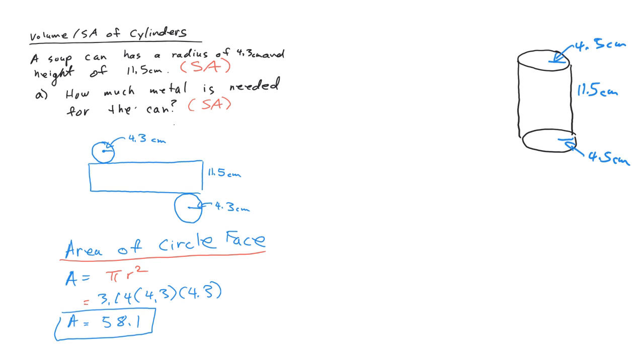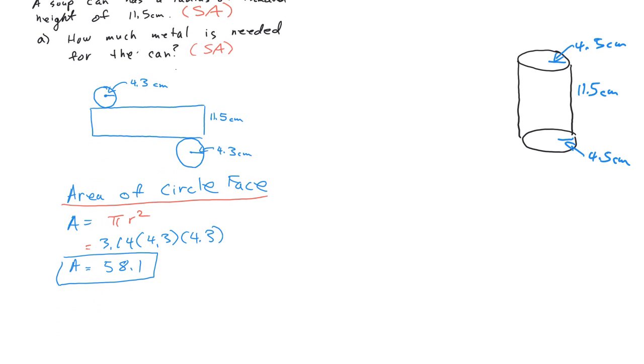But remember, there are two of them. So we're going to have to multiply this by 2. So there are two faces. So the area is equal to 2 times 58.1, which is 116.2. So the area of those two faces of circles is that.